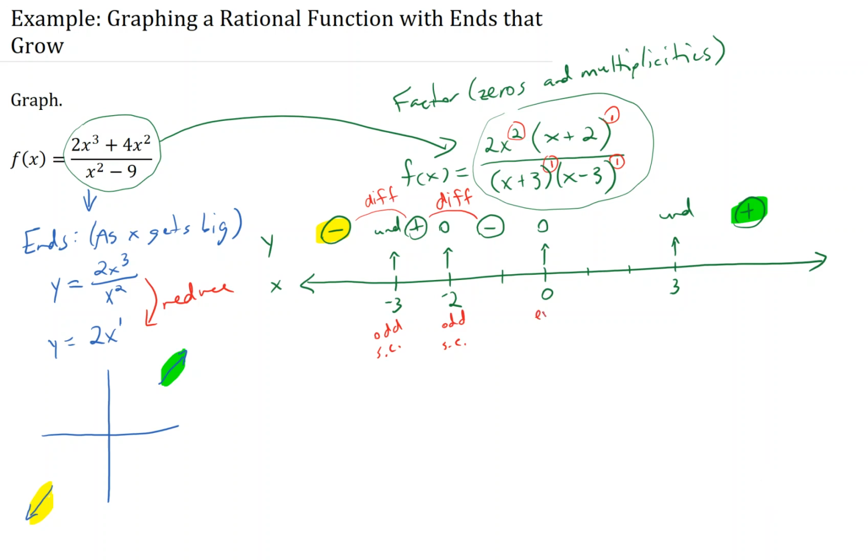So that's an even number of sign changes. So that means this sign as I cross over 0 is going to be the same. So that's going to be a minus in this region. Then finally 3 came from x minus 3 to the first, which is a multiplicity of 1. So that's an odd number of sign changes. So that means these signs should be different, and they are, so that's a good sign. It all worked out like we expected.